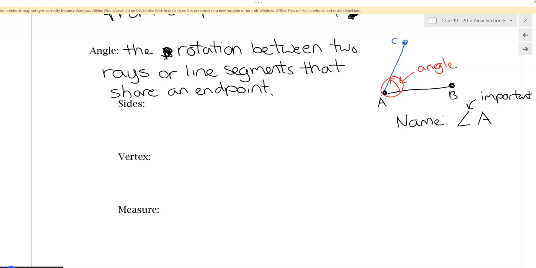I can also name it with the 3 letters, and the middle point has to be in the middle. C to A to B. Or I could go backwards, B to A to C. Okay.